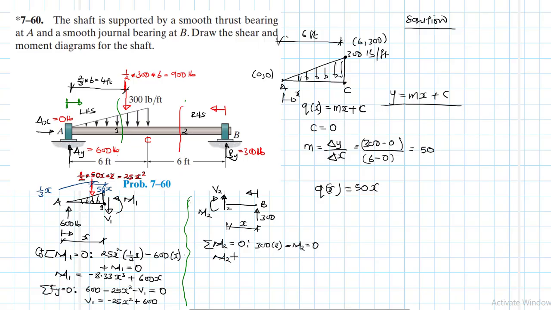Therefore, our m2 is just going to be equal to 300x. And then summation of forces in the y equal to 0. Okay. What do we have? We have 300 plus v2 equal to 0. Therefore, our v2 is going to be equal to minus 300. Alright, so we are done with the equations.